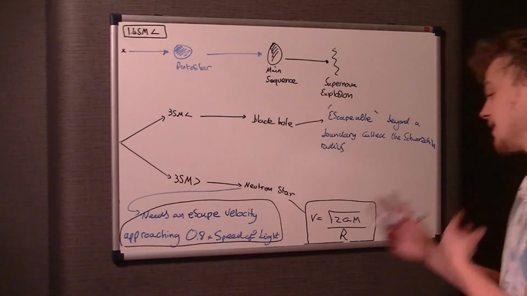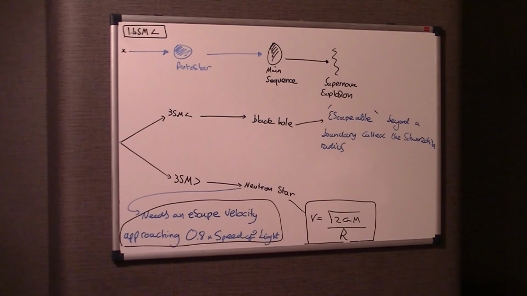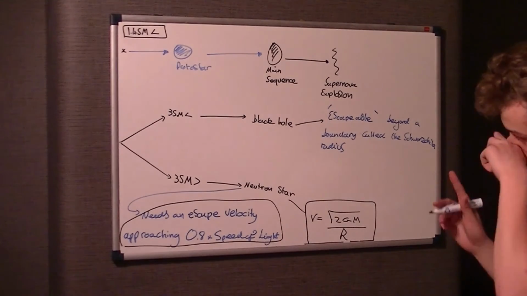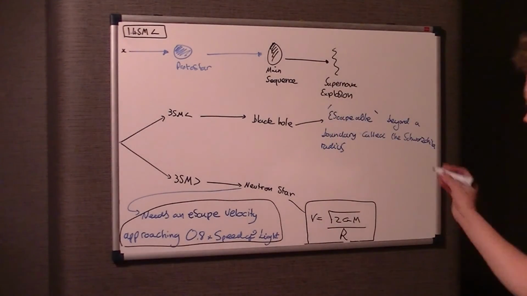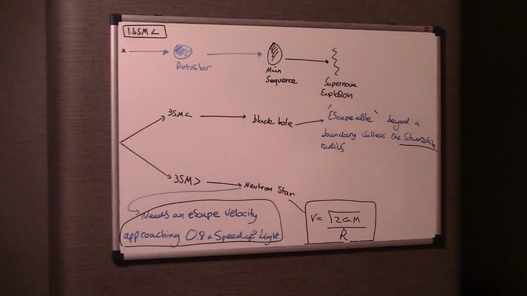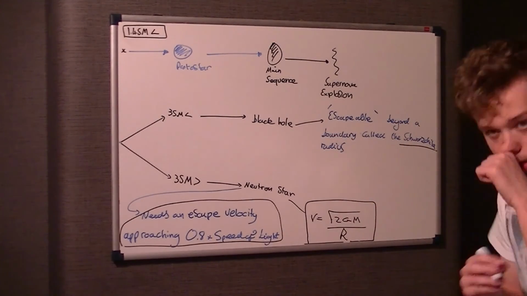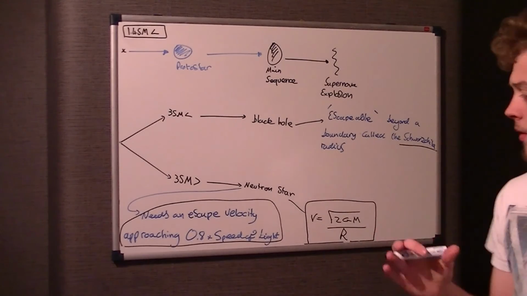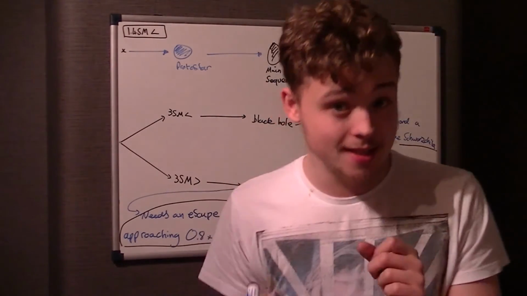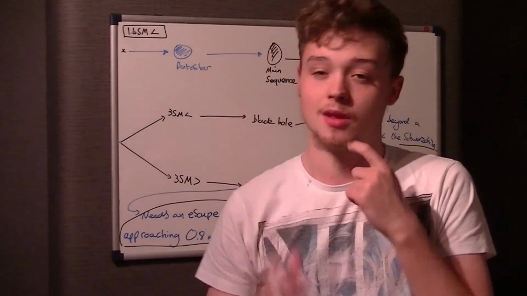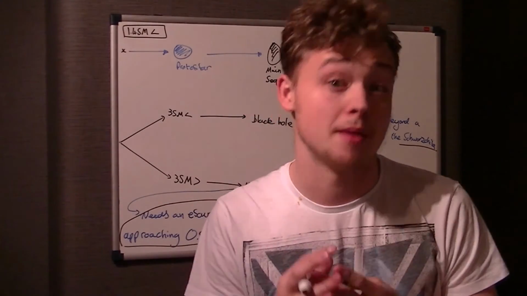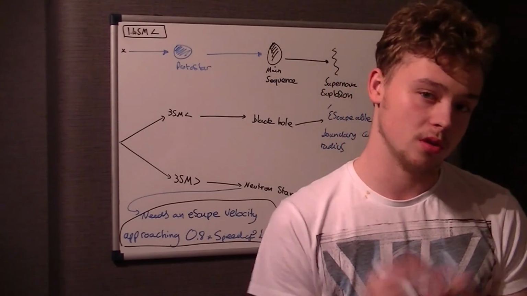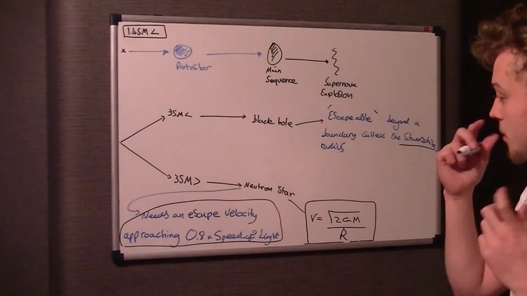As I said, that velocity equation is given to you in the exam. Now for black holes, I'm going to come up with this r, this Schwarzschild radius. In terms of velocity, we were talking about no light being able to escape the centre. So the first thing that's going to be able to escape this black hole at the minimum point is going to be the speed of light.